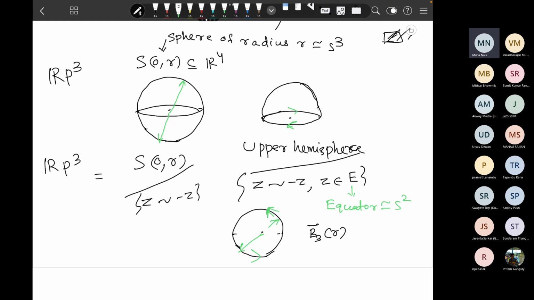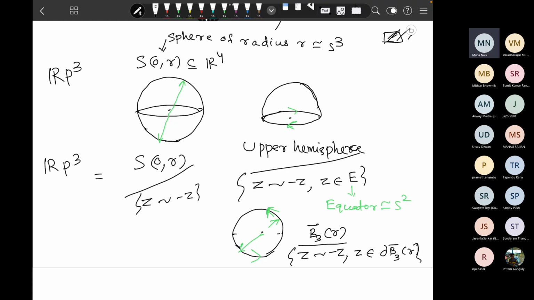So this will be B3_r modulo its boundary: identify z to minus z, where z belongs to the boundary of the ball.